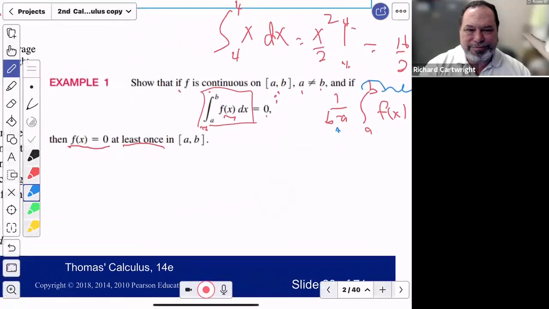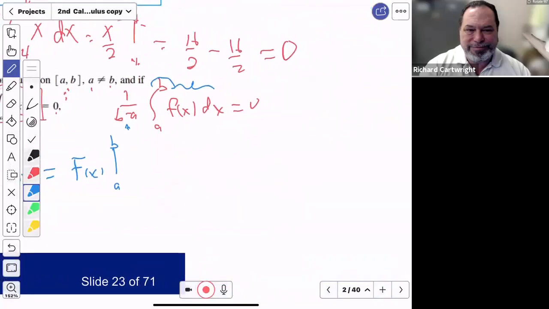So what was I thinking of doing? I was thinking of this. If I integrate a to b of f of x dx, that turns into the antiderivative big F of x from a to b, which implies big F of b minus big F of a.